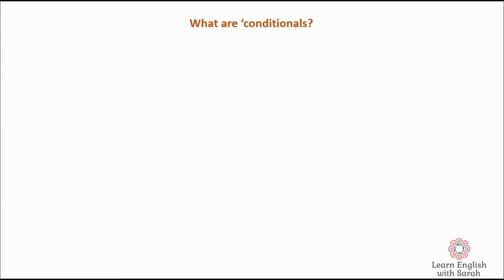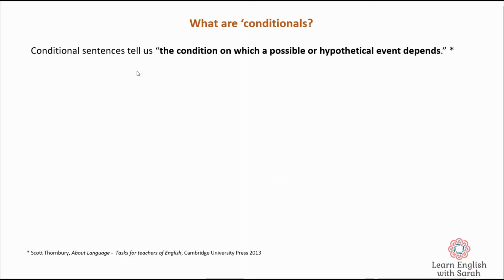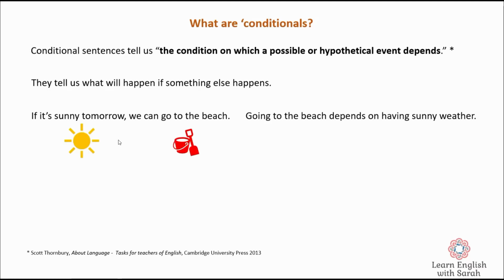So I guess the first question we need to answer is, what actually are conditionals? A conditional sentence tells us the condition on which a possible or hypothetical event depends. In real English, basically, conditional sentences tell us what will happen if something else happens.